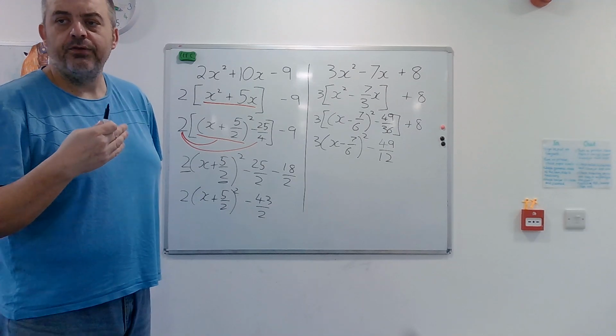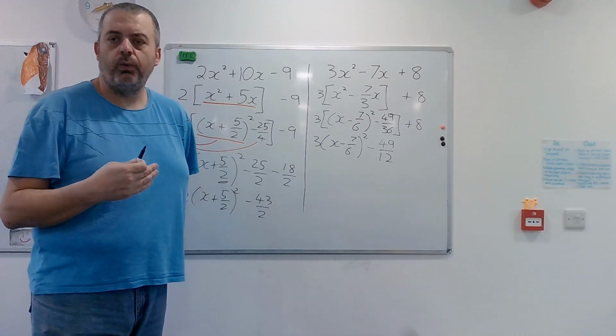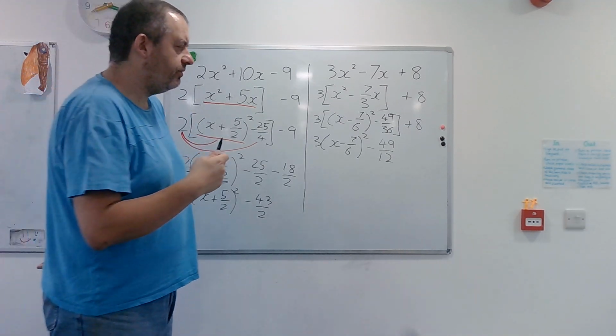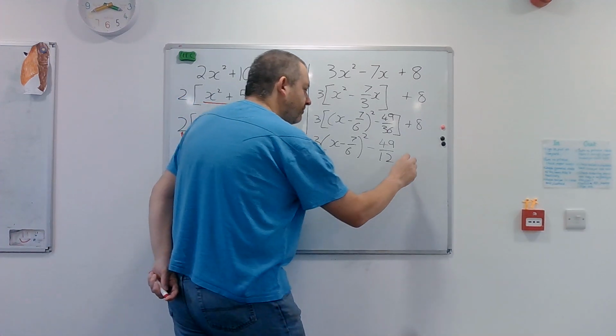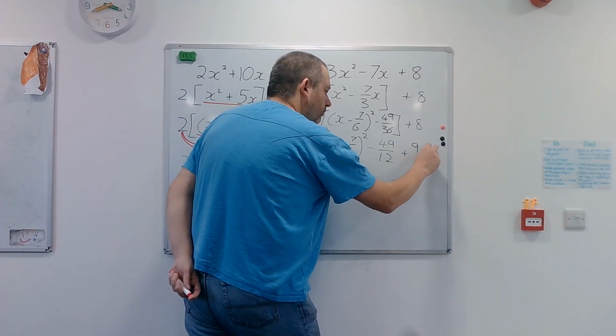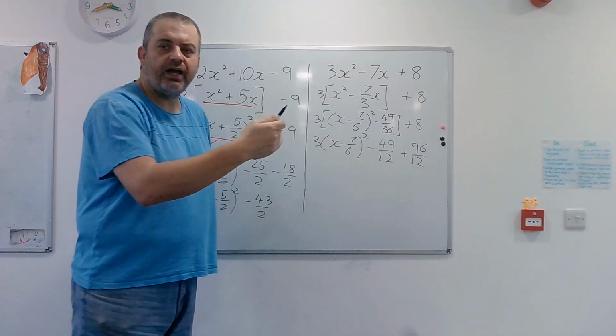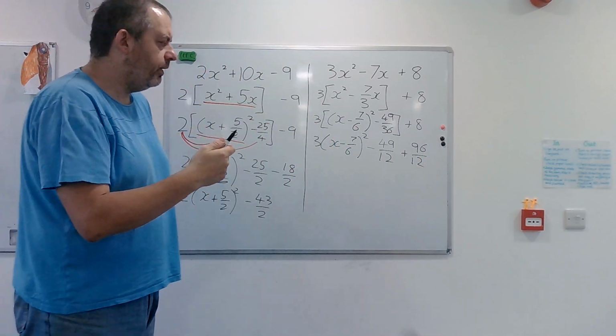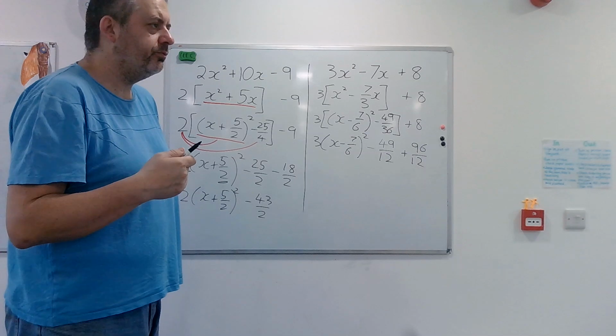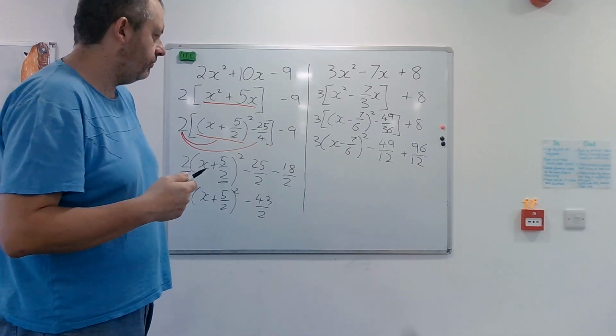And then I'm going to write the number 8 in a daft way. I'm going to write 8 12s are 96. Because that creates the possibility of just adding and subtracting the numerators.